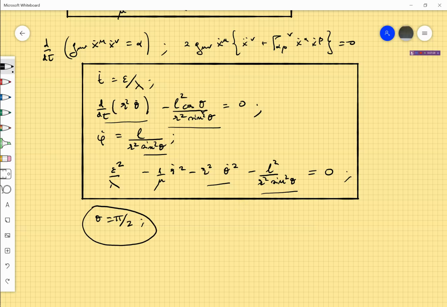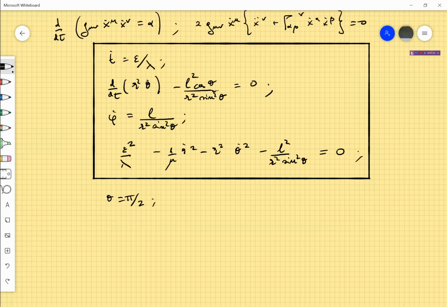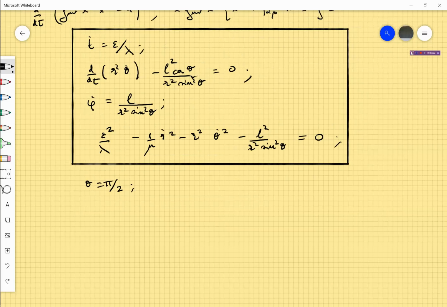So let me first eliminate these lines, just to leave the equations clean. We have found two immediate integrals, or two constants of motion, epsilon and L, and there must be a justification for their existence. These are constants of motion of the particle or the light ray moving in this background.